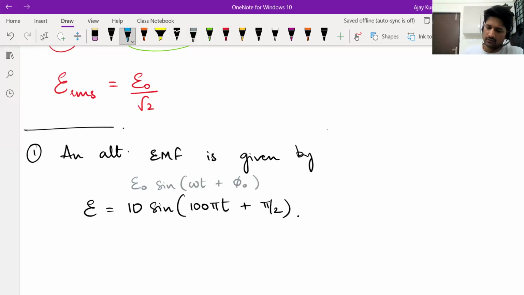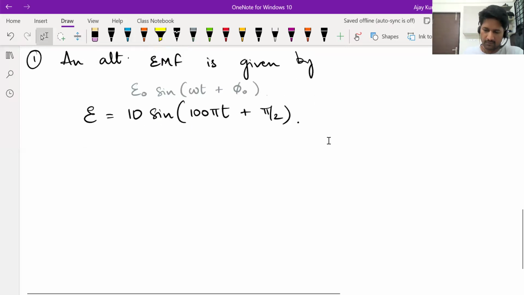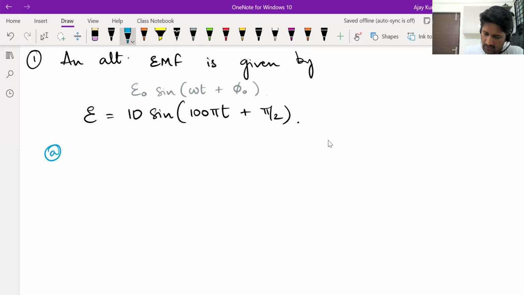Based on this alternating EMF equation, tell me all these values. What is the time period? Time period I'm indicating by T naught. What is the time period of variation of this EMF? What is the frequency of variation of this EMF?